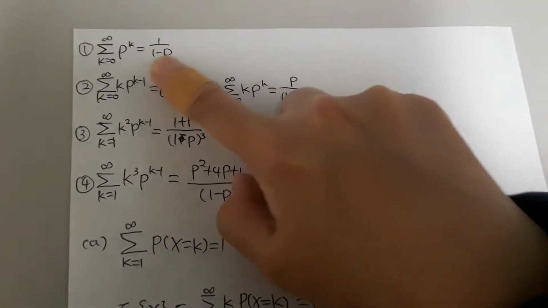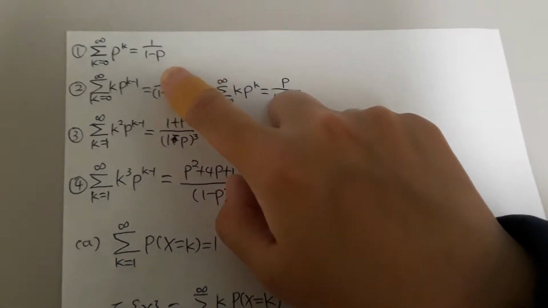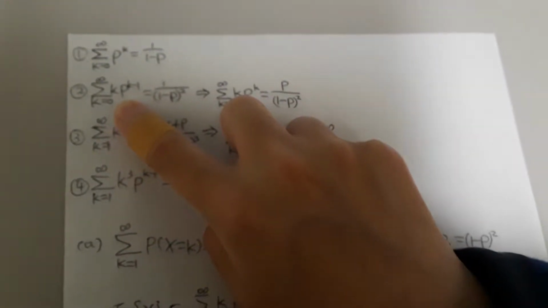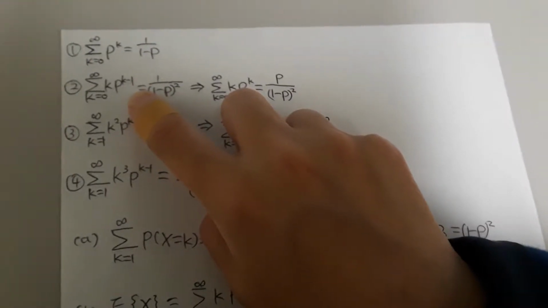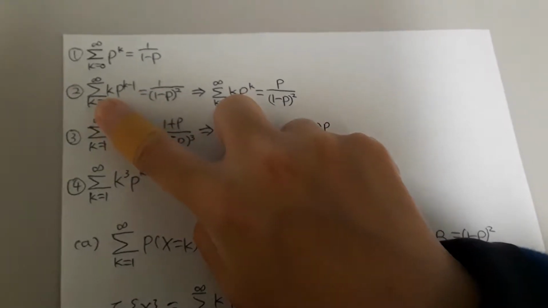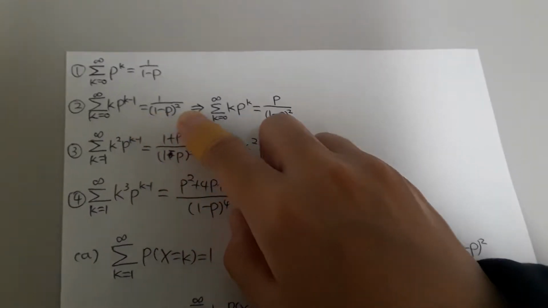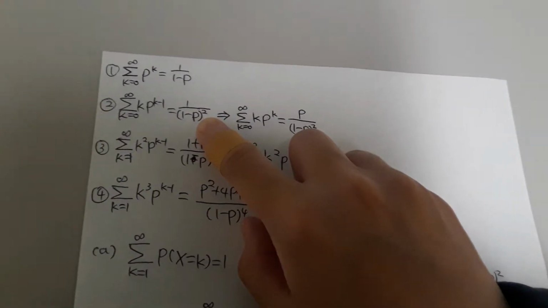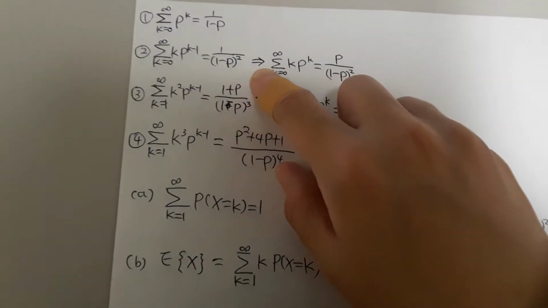Then I differentiate both sides with respect to p. The left side will become the sum of k times p to the power of k minus 1 from k equals 0 to infinity, and the right side becomes 1 divided by (1 minus p) to the power of 2, and then I will multiply p to both sides.